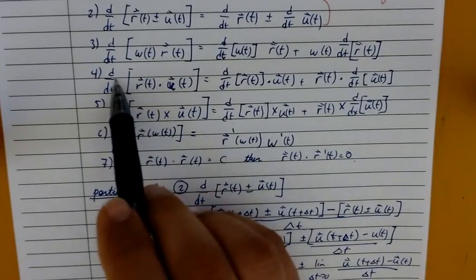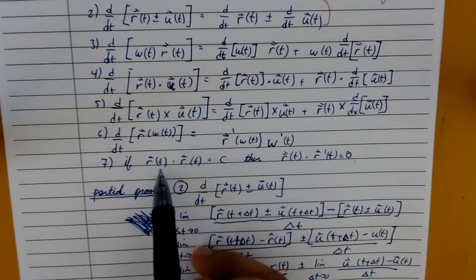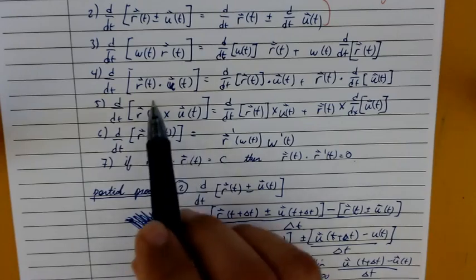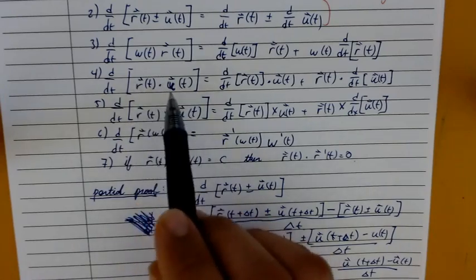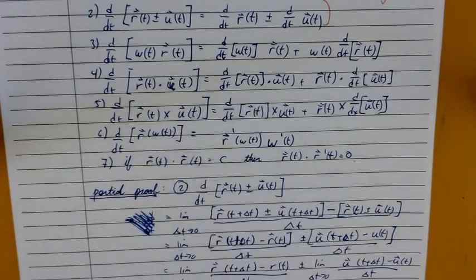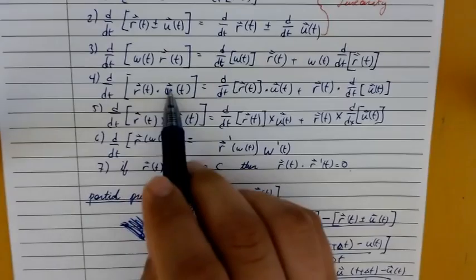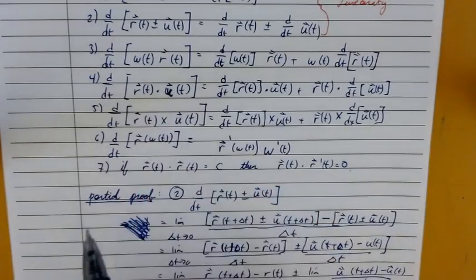Here, we know that the derivative of the dot product is equal to all of this stuff. Well, here I'm taking the dot product of r with itself. That should still be true, except instead of having an r and a u here, I would have an r for both of those. Fine. So I'm just going to rewrite number 4, but with a u replaced with an r.